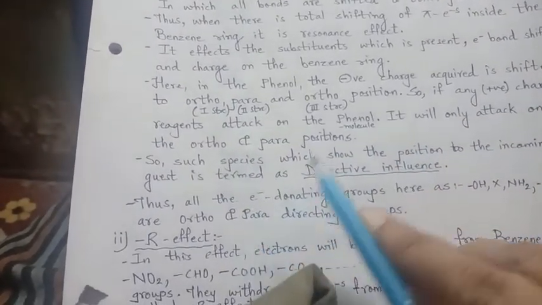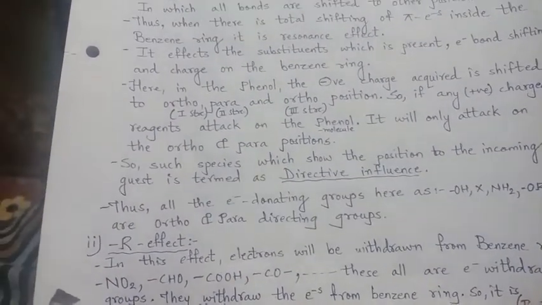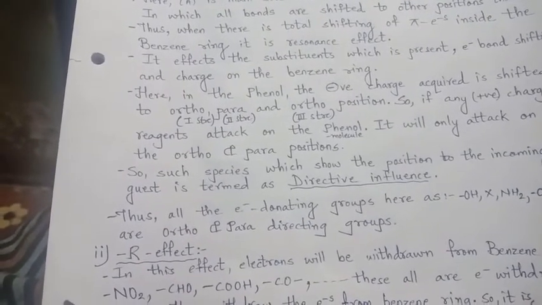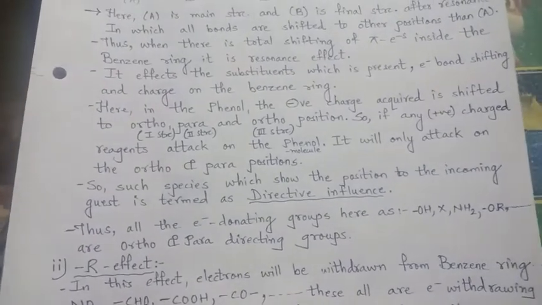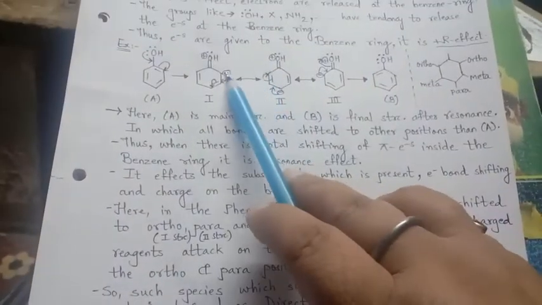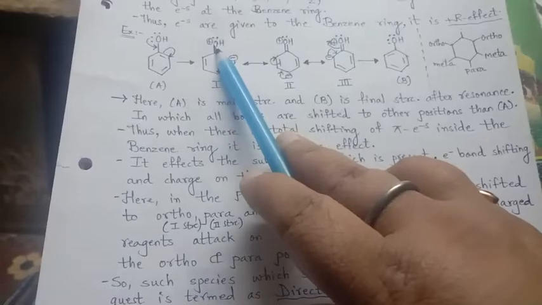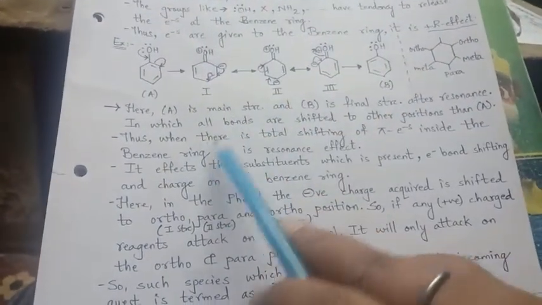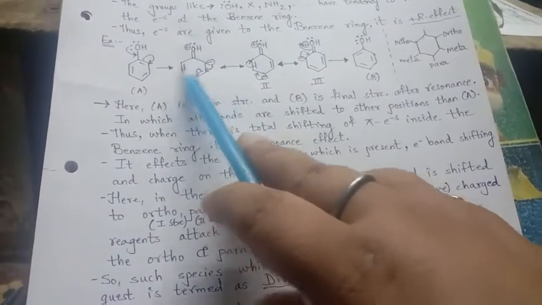So, such species which show the position of the incoming guest is termed as directive influence. That means those substituents which are present show the path to the coming reagent, which is the guest, where it should sit on this compound.